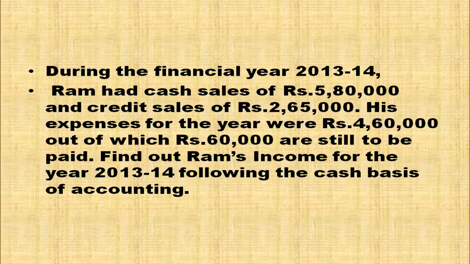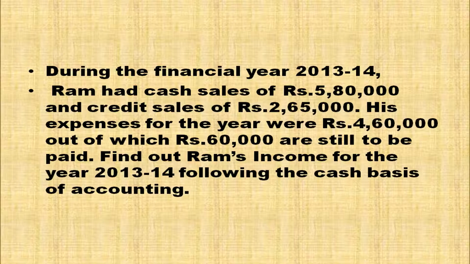Here is a question to find out the income according to the cash basis of accounting. During the financial year 2013-14, RAM had cash sales of rupees 5,80,000, credit sales of rupees 2,65,000.